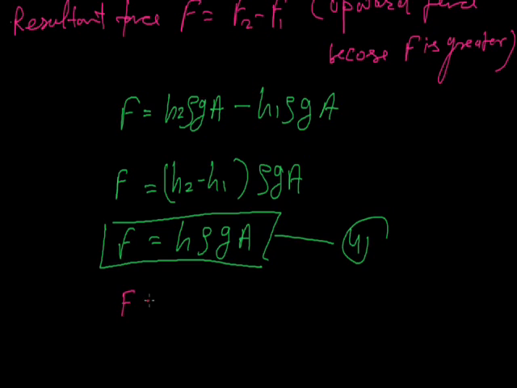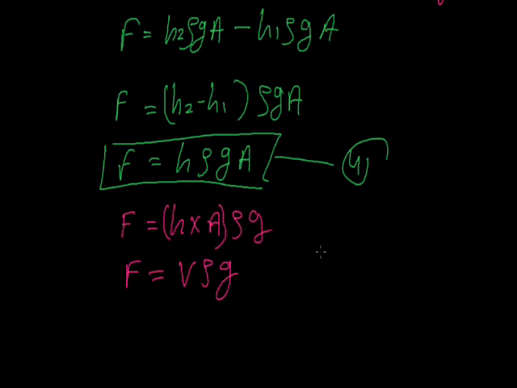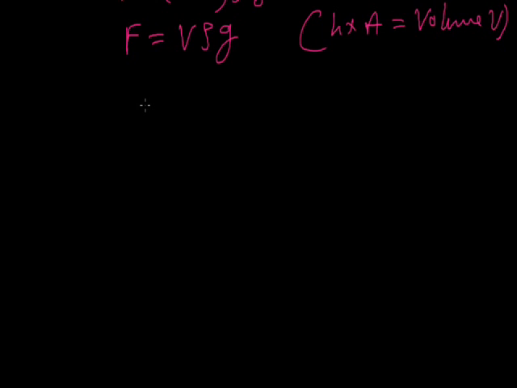Here h times A is V, the volume, so F equals V rho g, because h into A equals volume V. Because the cylinder is completely dipped into the liquid, the volume of the cylinder equals the volume of the displaced liquid. We have to prove this force equals the weight of the displaced liquid.